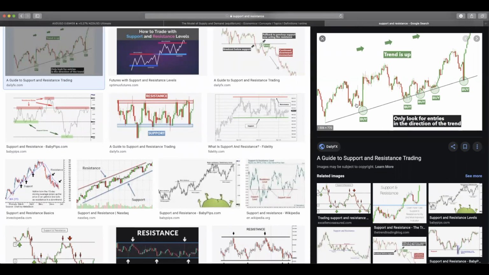Now, support and resistance was created by these institutions in order for you to develop some type of sense of security below what you think resistance and support is.